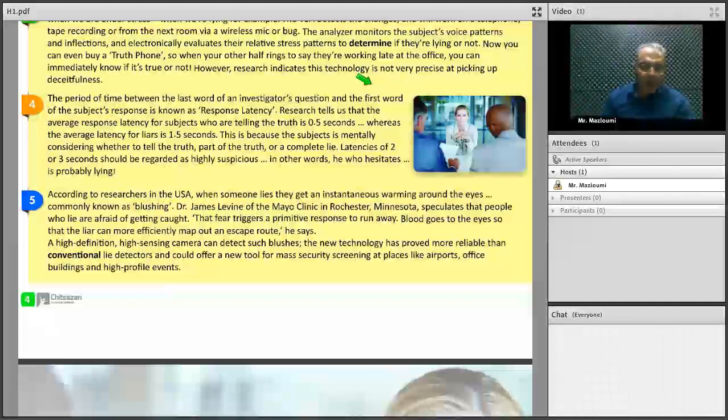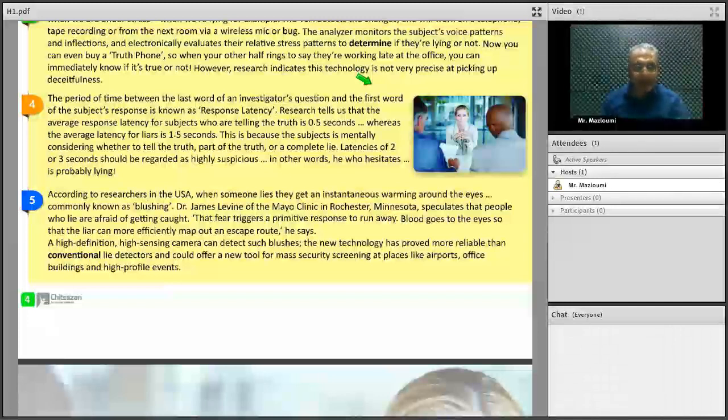Everyone, when an investigator, someone who investigates, asks you a question, the period of time between the last word of the investigator's question and your first word, we call this period of time response latency.